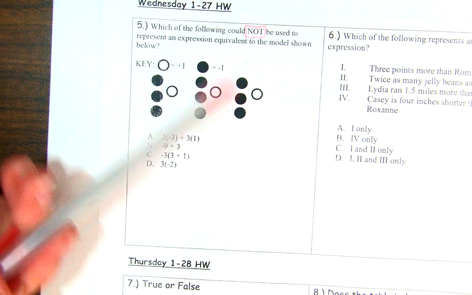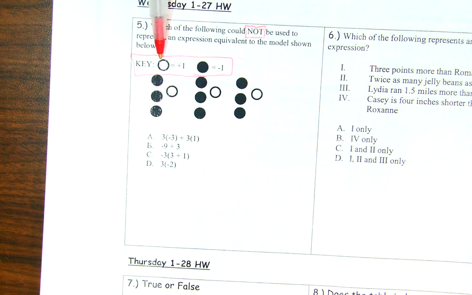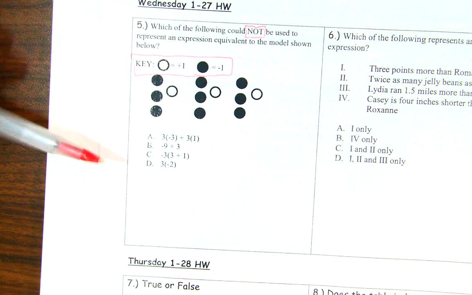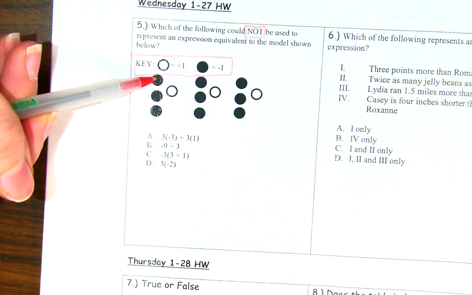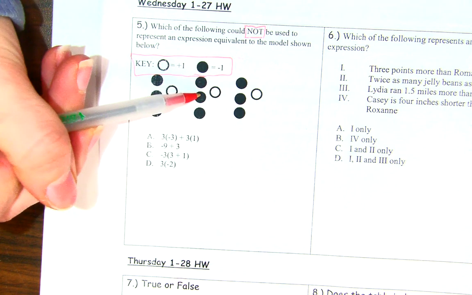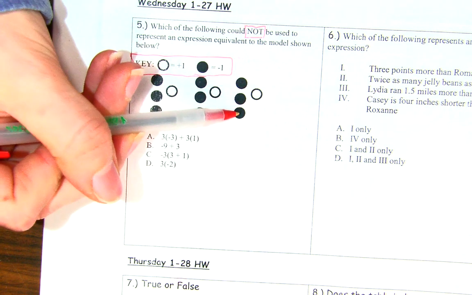If you notice here, it's important to read your keys as well. Here I see that the white represents positive and the black represents negative. I could count up my negatives. I could see I have 1, 2, 3, 4, 5, 6, 7, 8, 9.